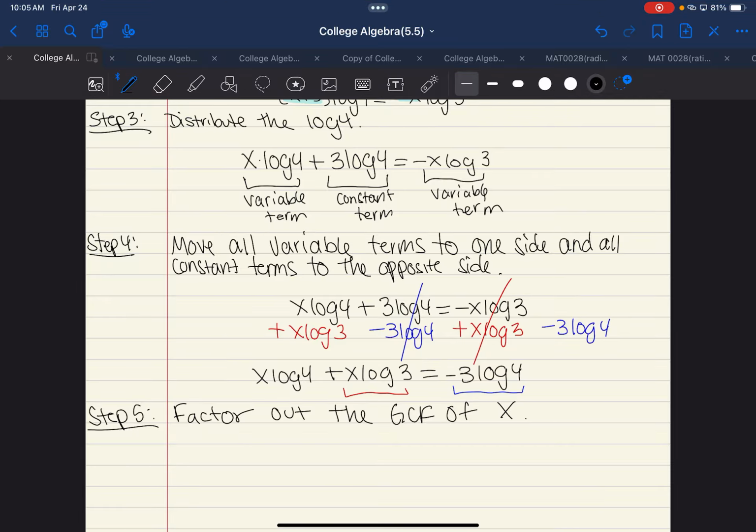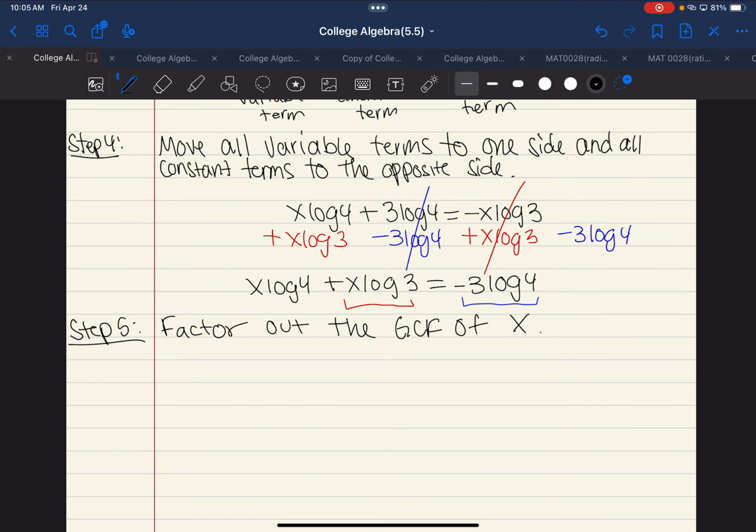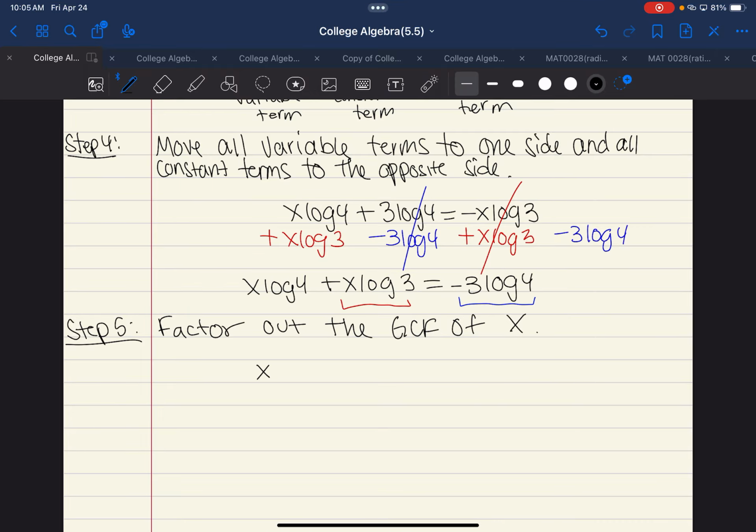So that would be x times log of 4 plus log of 3 equals negative 3 log of 4. I should say factor out the GCF of x and then solve for x, because now we can just solve for x.